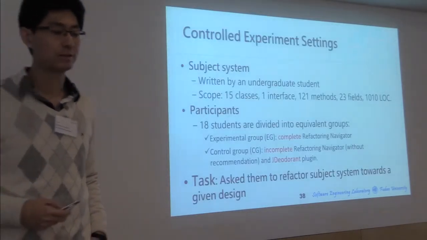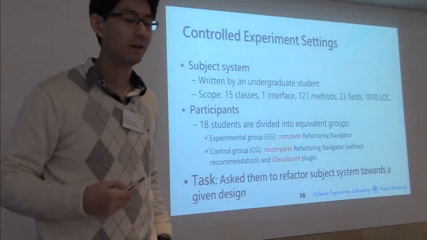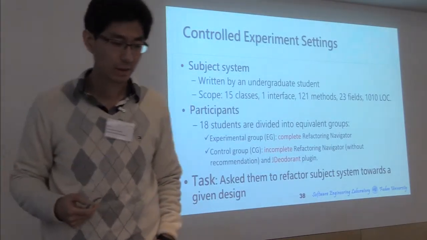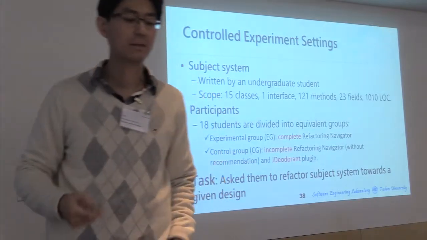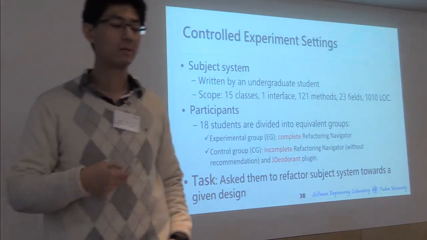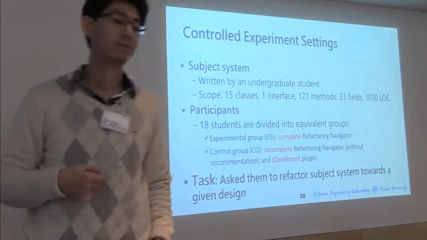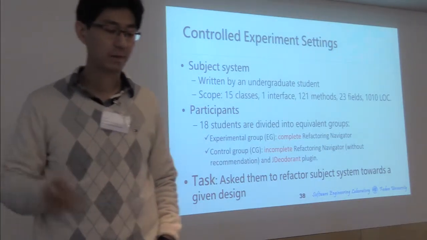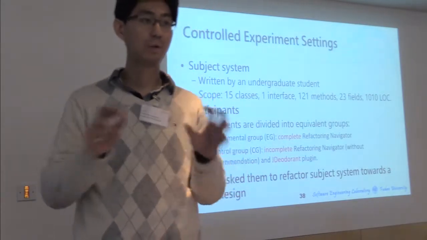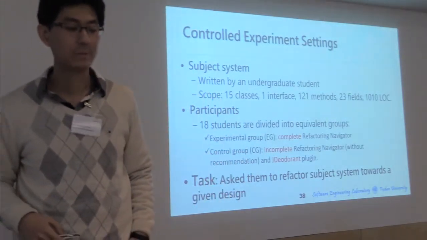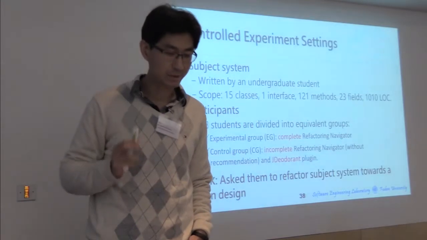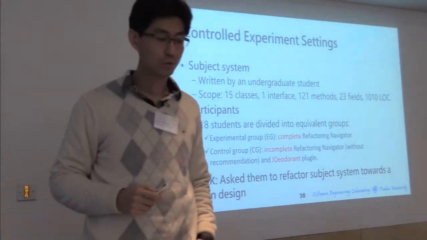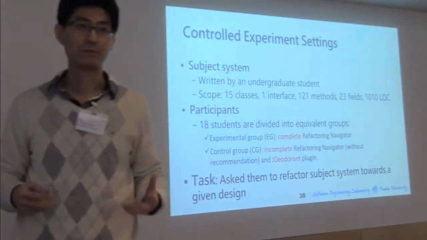For the controlled experiment, we found a subject system which was written by an undergraduate student, and the scope is kind of realistic. It consists of over 1,000 lines of code and contains 15 classes. We recruited 18 participants and divided them into two equivalent groups. The experimental group used the complete Refactoring Navigator, and the control group used a partial, incomplete Refactoring Navigator.